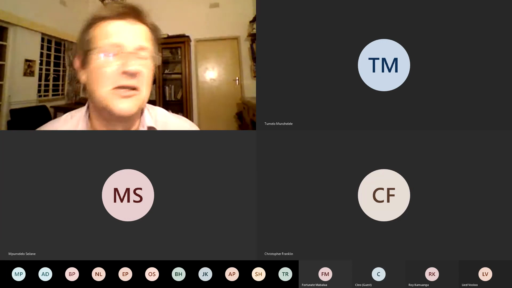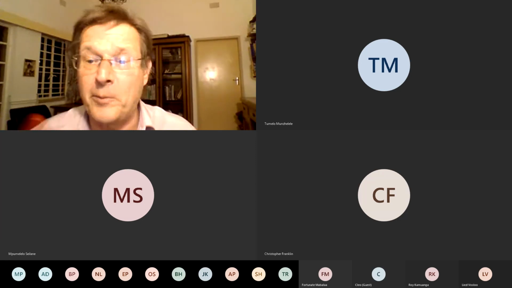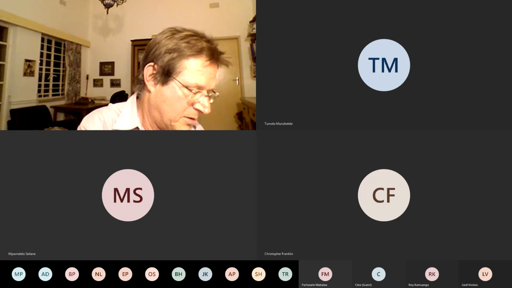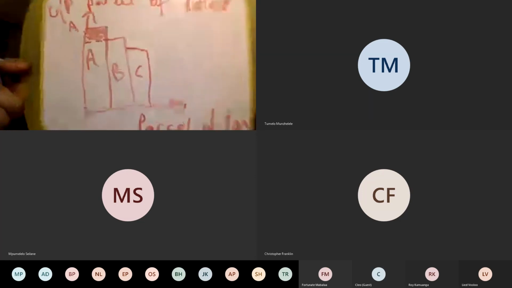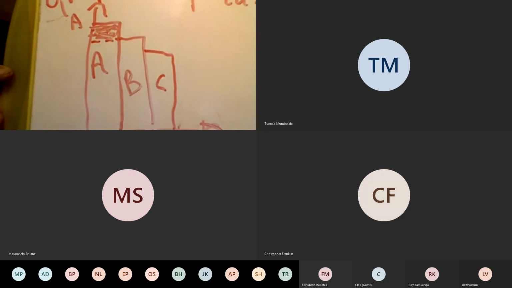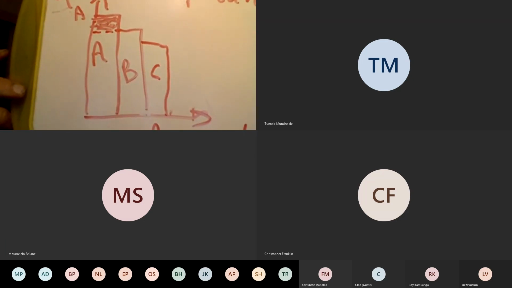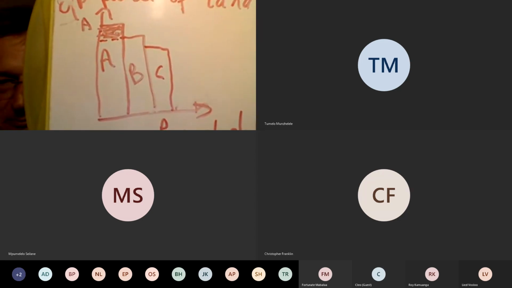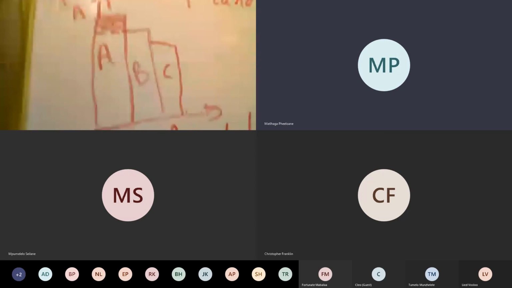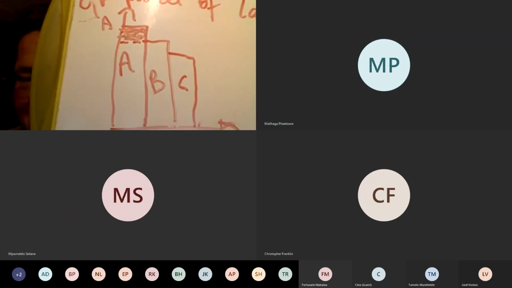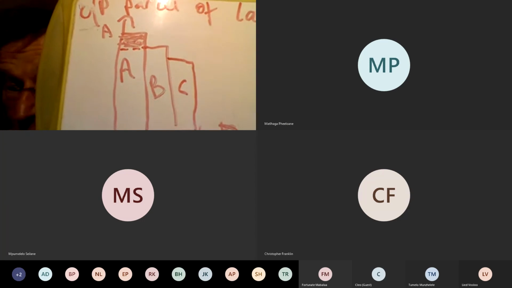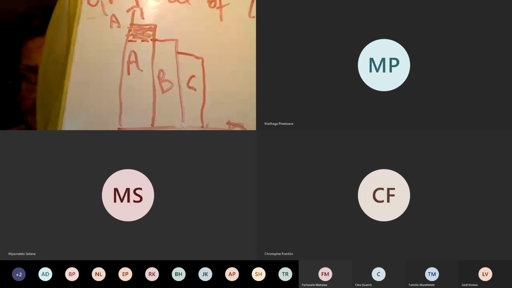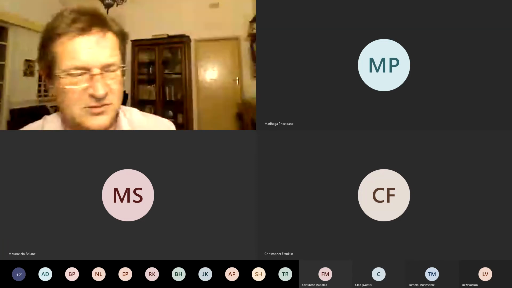It's not worthwhile to pay any rent for it, but this changes if another farmer comes along and says he wants to cultivate land, and he can either cultivate land C, but we know C is producing a lower output than A and even a lower output than B. That farmer can either cultivate land C or do what?